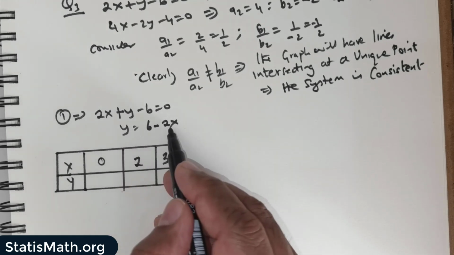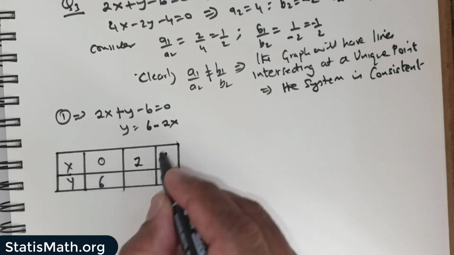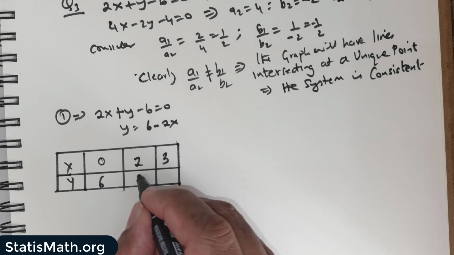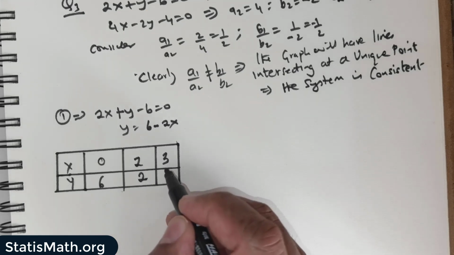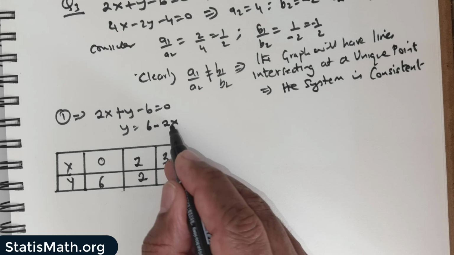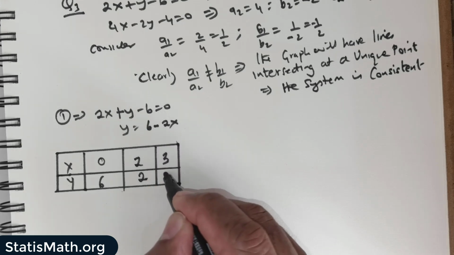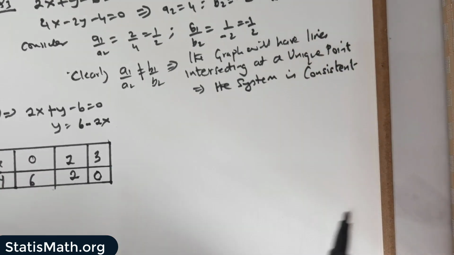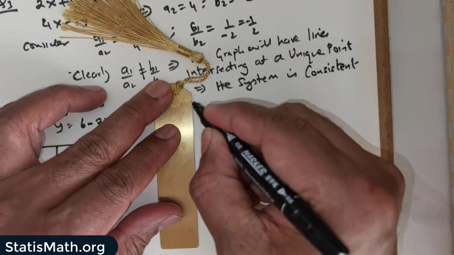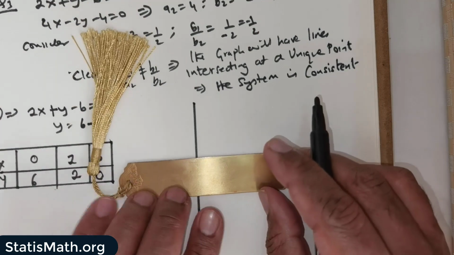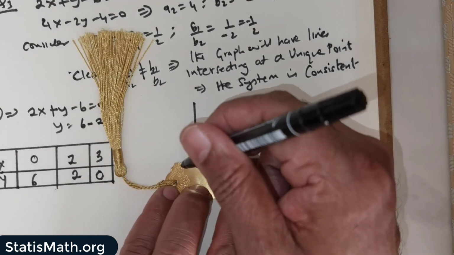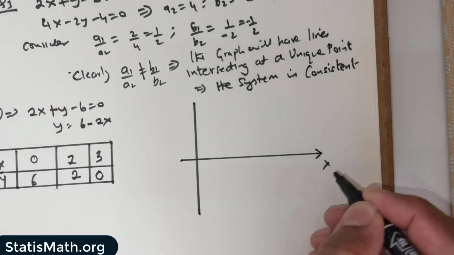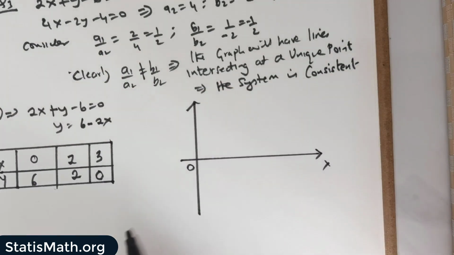When x is 0, y is 6, when x is 2, y is 4, and when x is 3, 3 2s are 6, 6 minus 6 is 0. So if you were to draw the graph, I can clearly see the positive side alone being predominant.